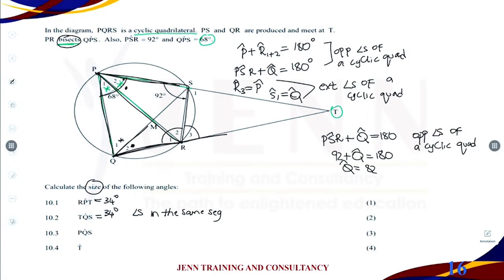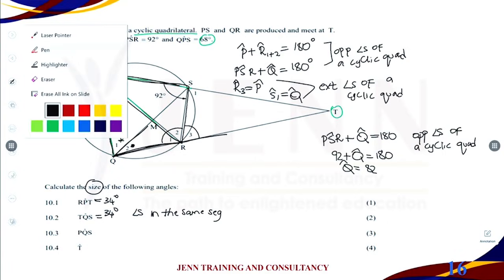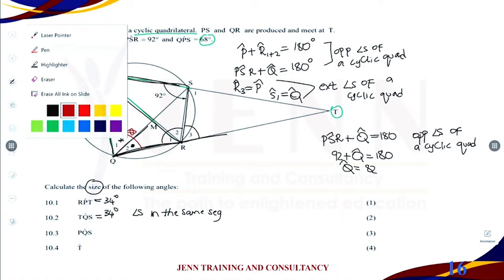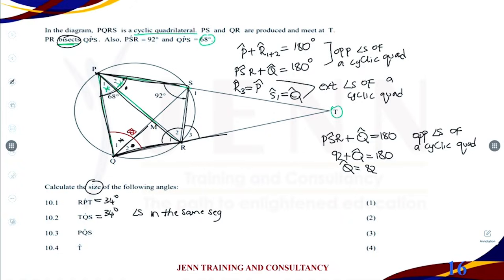Now that I know that the entire angle Q is 88, and the size of angle Q2 I know is 34.